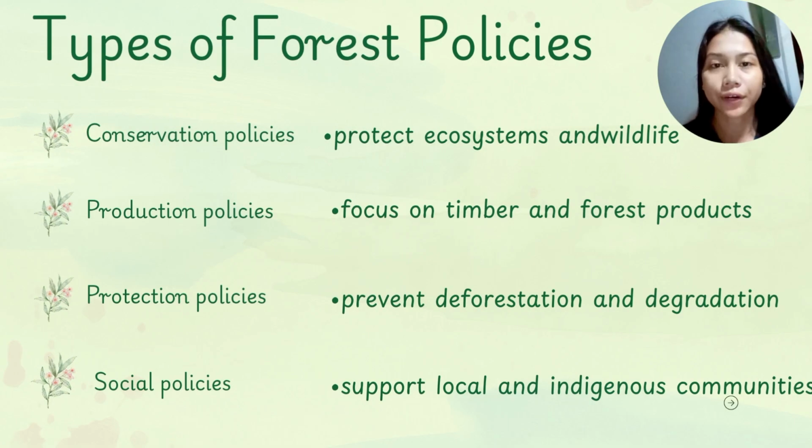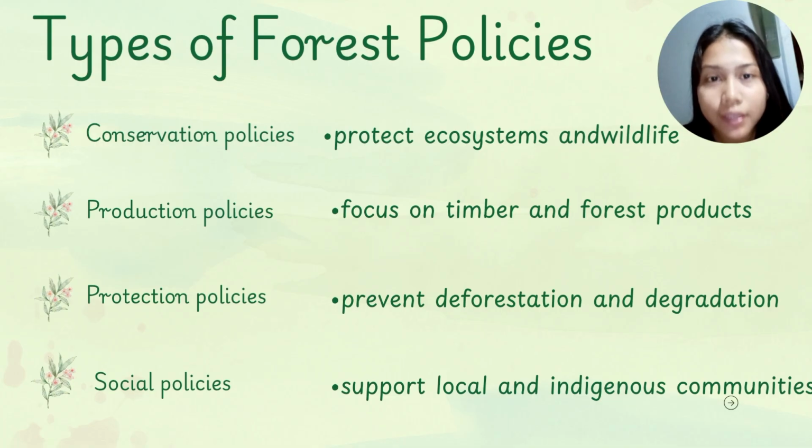Types of forest policy. First is the conservation policies, which protect ecosystems and wildlife. These policies focus on preserving forests, wildlife, and biodiversity. The next one is the production policies, which focus on timber and forest products. They regulate the harvesting and production of forest products.